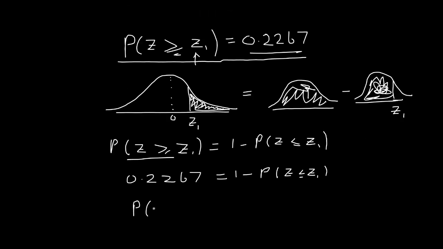Therefore, probability Z less than or equal Z1 equals 0.7733, because this goes to this side and becomes positive, and then 1 minus 0.2267. Now go back to the table, and we need to find 0.7733 in the middle of the table.